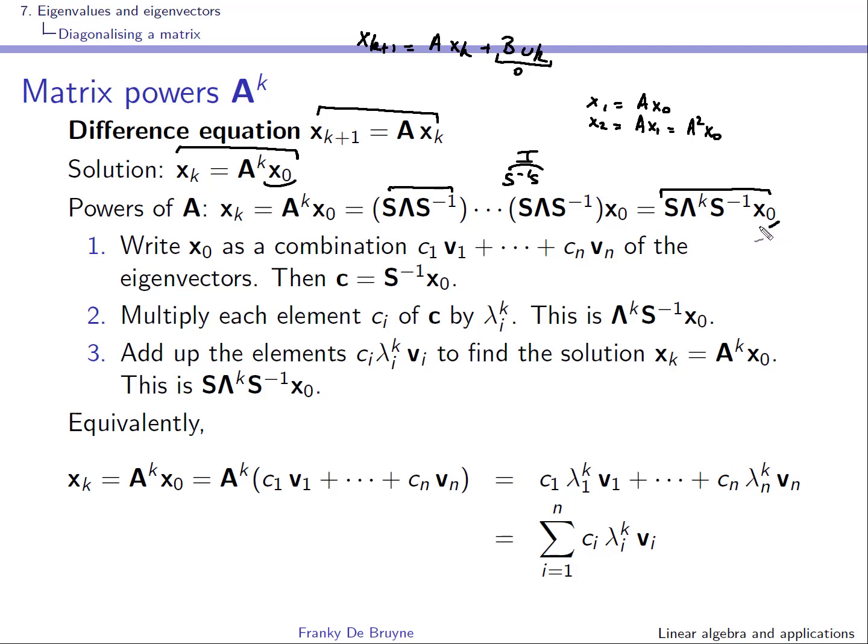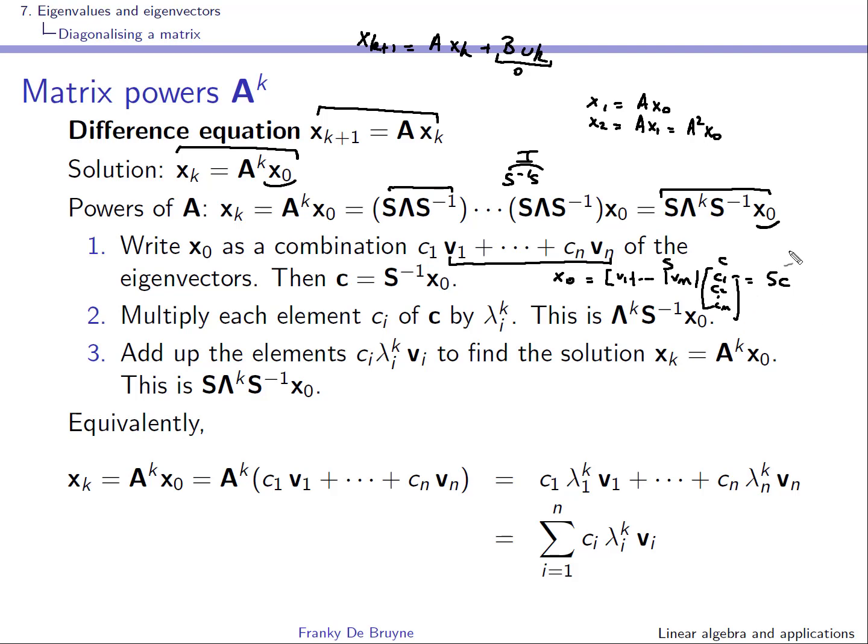Okay, so you can write x0, the initial condition, as a linear combination of the eigenvectors of the matrix A, right? And this is the same as writing x0 is S, which is v1 up to vn, times c1, c2, up to cn. So this is S, this is c, so you have got S c over here.